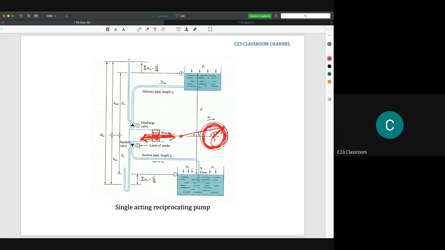When the shaft is at this point, the piston will stay at this point. When the shaft rotates to this location, the piston will be pushed to this level.